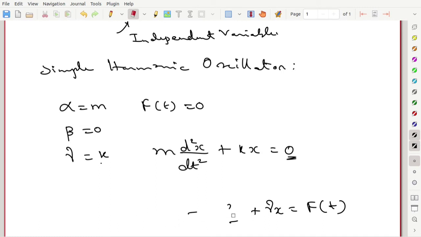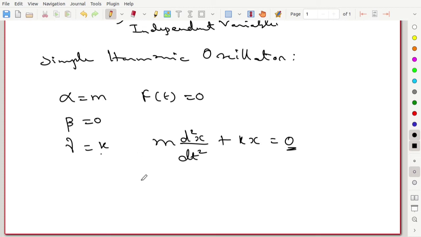What if we have beta not equal to 0? Before looking at that, let me have another example, the forced harmonic oscillator.